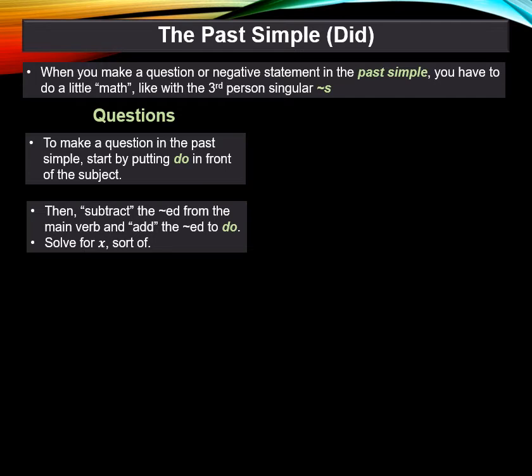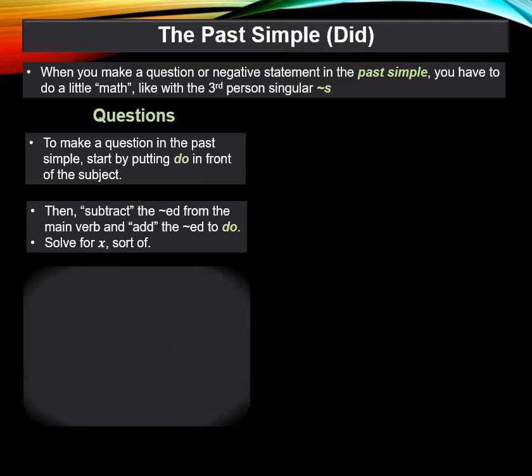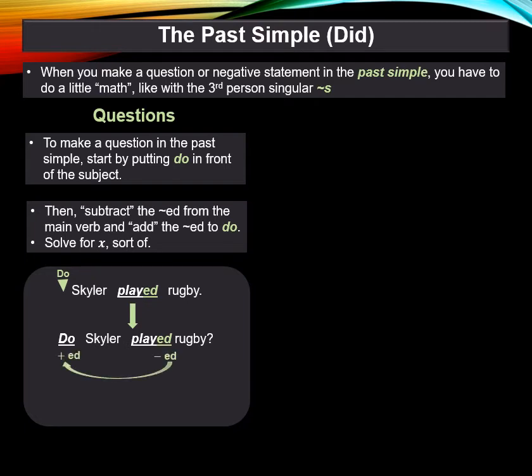So again, you're solving for x. Skylar played rugby. Drop in do: Do Skylar played rugby, but we're not done yet. We have to move the ed to the front. So the final correct question is: Did Skylar play rugby?